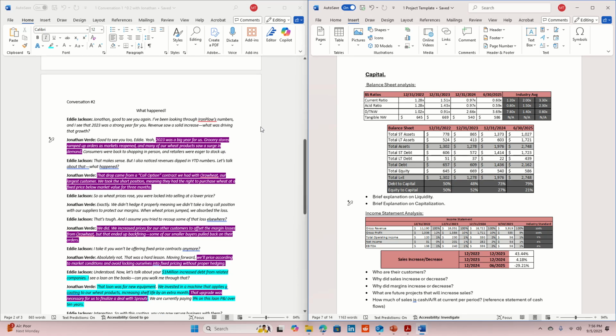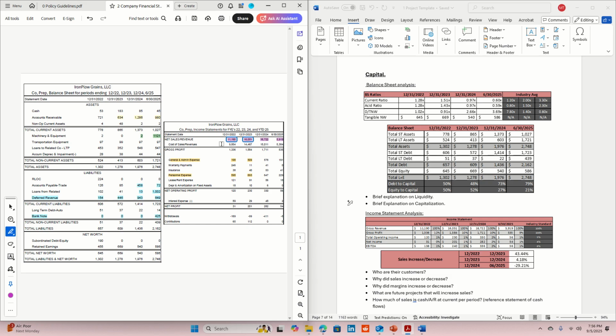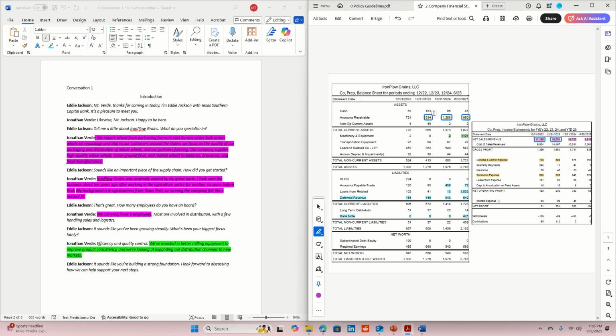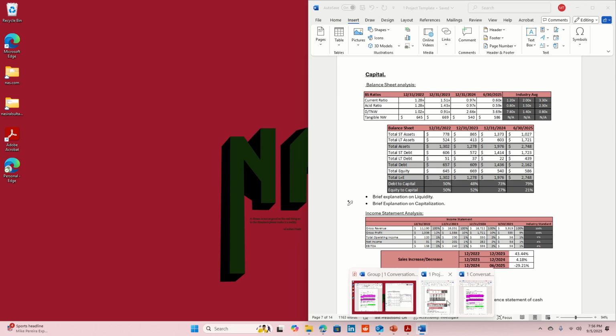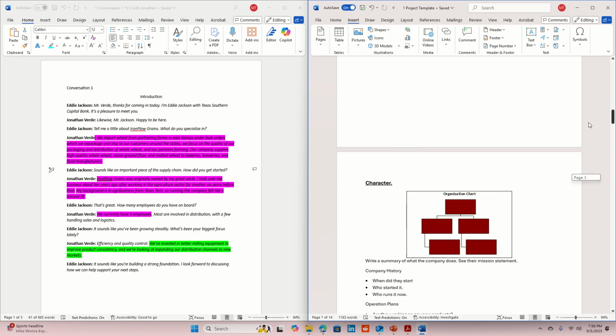Okay, so again, I've highlighted the conversation, and I've also highlighted the financial statements. So the highlights for the financial statements and the conversation coincide. I've highlighted the conversation pink for the information that you're going to be using on your project in the character section.